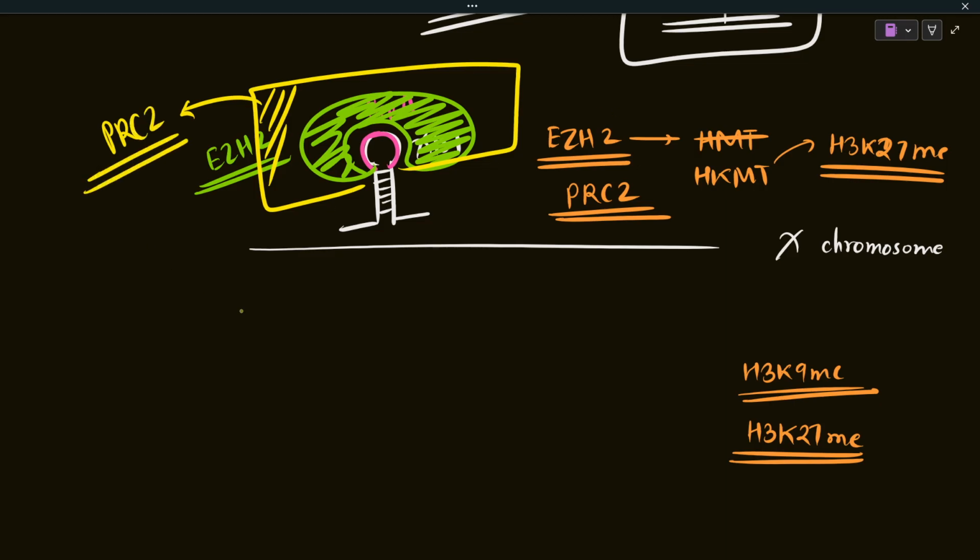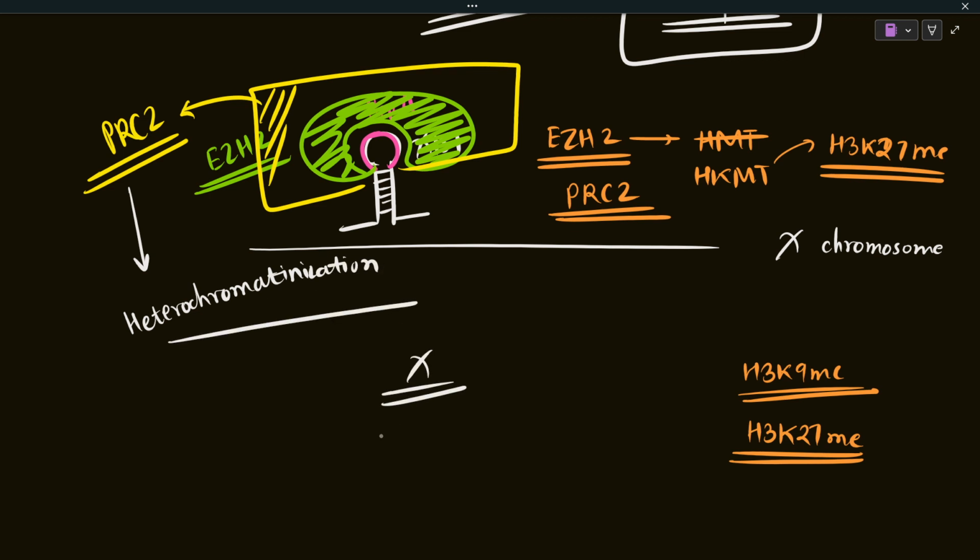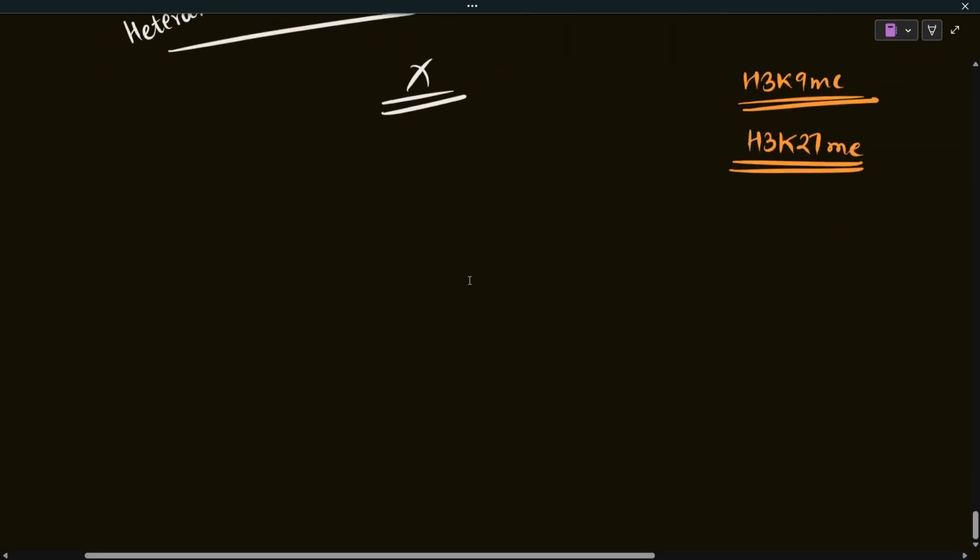This complex, this scaffold, is formed on the X chromosome, and this results in heterochromatinization. This is how X chromosome inactivation is initiated. Once we initiate the X chromosome inactivation, it spreads all over the X chromosome.